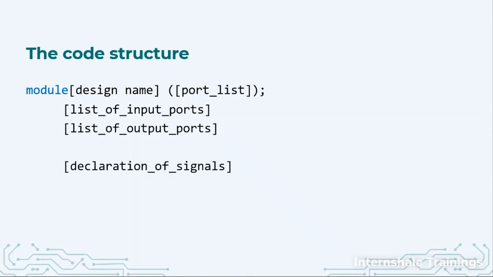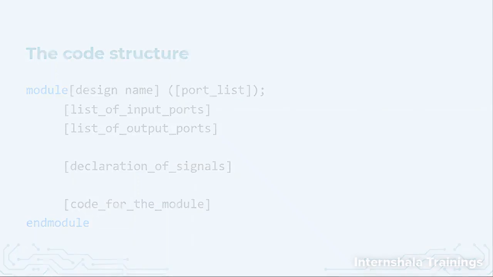Now if I need some additional, temporary variables, these are called signals, and we will declare them. Then we will write the code of our complete module. We will describe the relation between input and output, and then we say endmodule. So this is going to be the typical structure of a Verilog program.